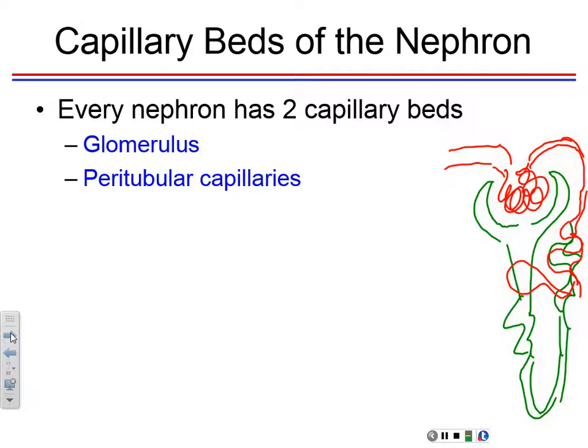Okay, and then there are special ones that go to the loop of Henle called vasa recta. Okay, that go like this, and then this is going towards the venous side now. This is still the capillary side. These are the vasa recta. Okay, the peritubular capillaries are up here, surrounding the distal and all those ducts and the proximal and so forth. So you start off with the glomerulus, which is the capillaries.